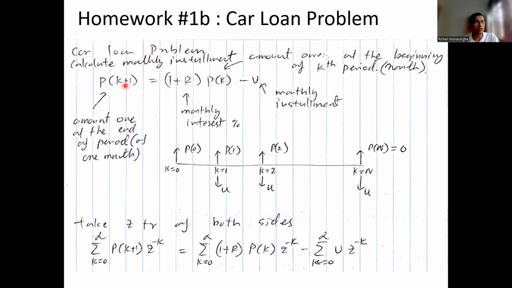Pk plus 1, how much you owe after 1 month, is what you owed at the beginning of the month times 1 plus R. But not only that, during that month you pay some amount, so you have to deduct that also. This is how things are connected. This is very similar to what you have seen in the earlier difference equations, where you had yk plus 1, yk plus 2, yk.